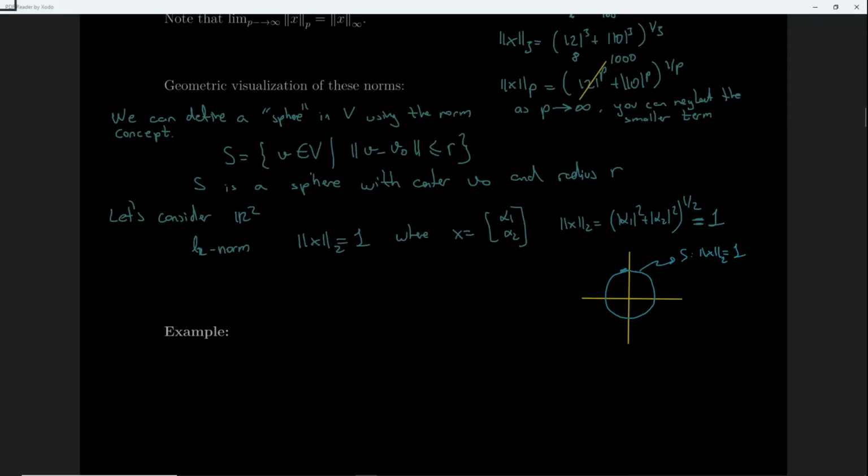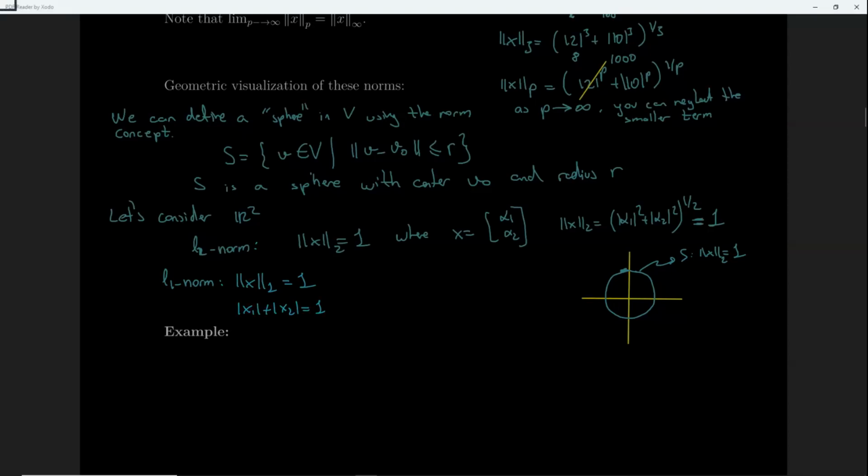So let's investigate the L1 norm as well. So let's try to plot the L1 norm. And we would like to look for the points where the L1 norm of x is equal to 1. So the definition of the L1 norm was the absolute value of x1 plus absolute value of x2 being equal to 1.